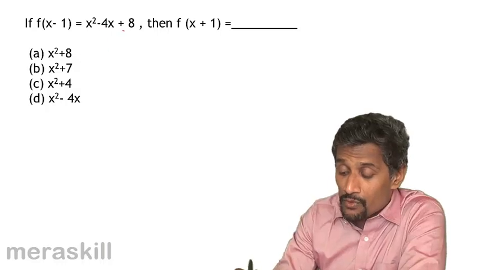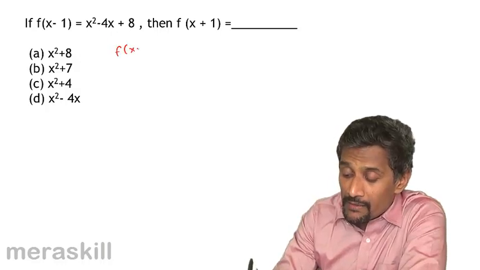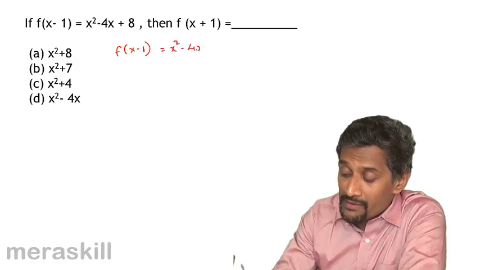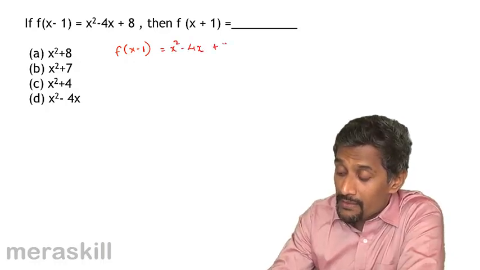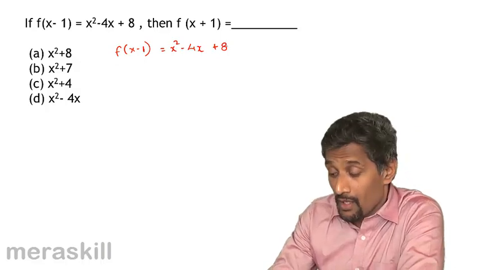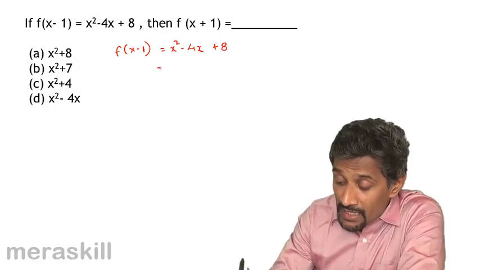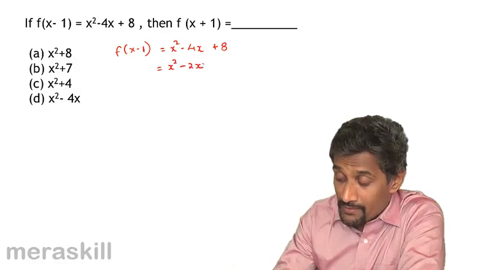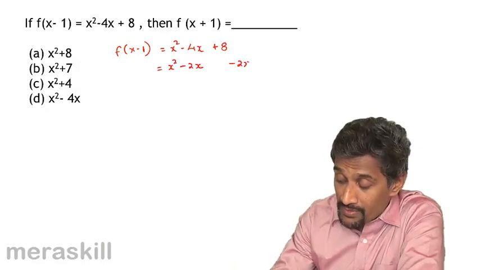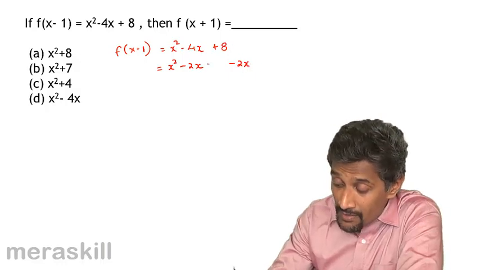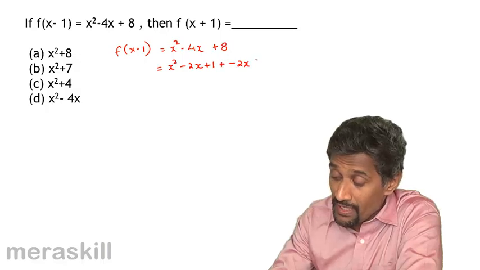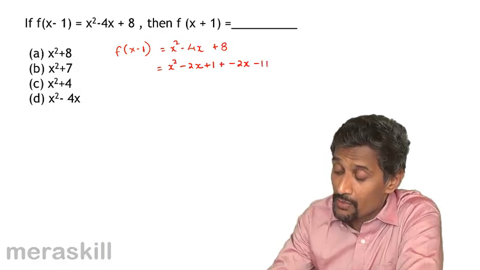So if you see, this can be now written as x squared minus 2x minus 2x. We have split up the minus 4x, plus 1 we have added, so we have to subtract also minus 1 and get it as 8.